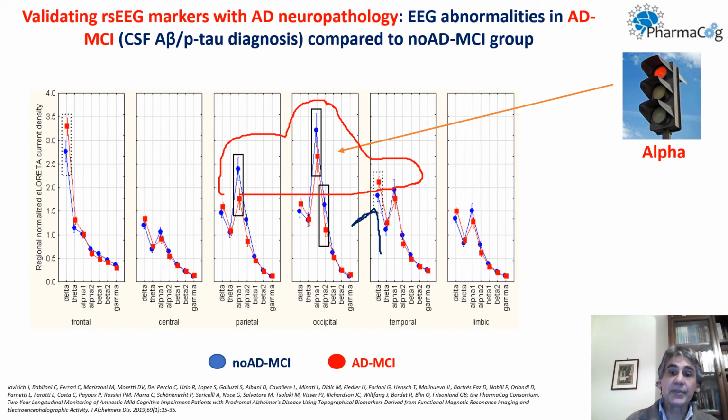In general, Alzheimer's disease patients with mild cognitive impairment show lower alpha source activity as opposed to MCI patients not due to Alzheimer's disease. So the general level of posterior cortical inhibition in the resting state eyes closed condition is different in these two groups of patients.